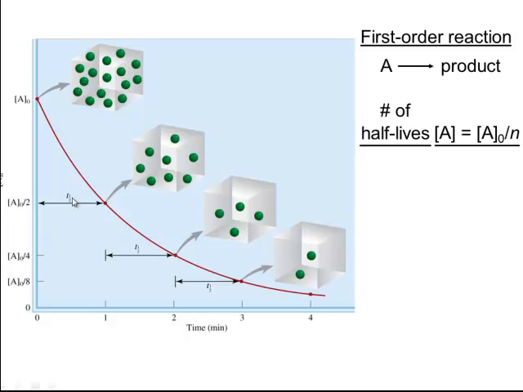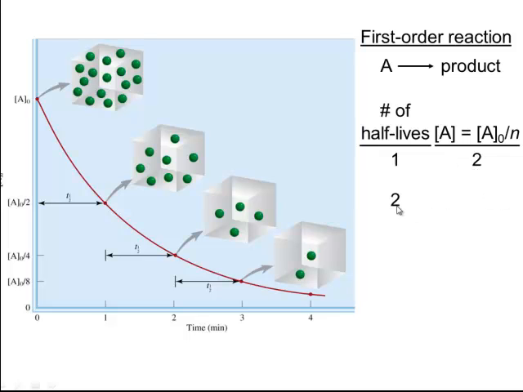But I hope you all realize that the T half of a first order reaction is a constant quantity and it does not depend on the concentration of the reactants at all. So for a first order reaction, which is of the form A giving you products, we can say that when one half-life has gone past, the concentration would be half the original value, that is A0 by n, where n is 2.